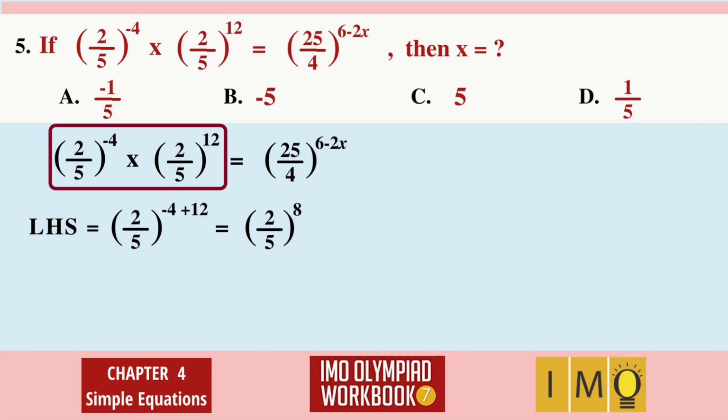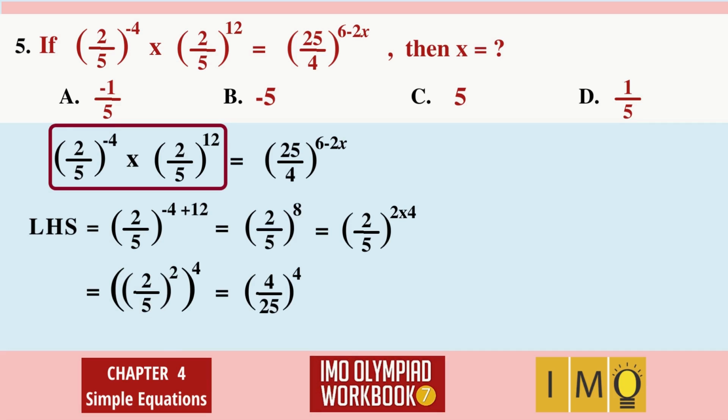Now let's write the power 8 as 2 into 4. In that case, our expression can be written as 2 by 5, the whole square, the whole raised to 4. Now let's compute 2 by 5, the whole square. It becomes 4 by 25.